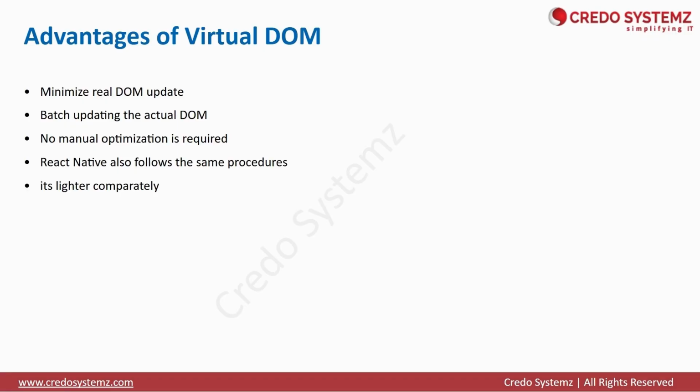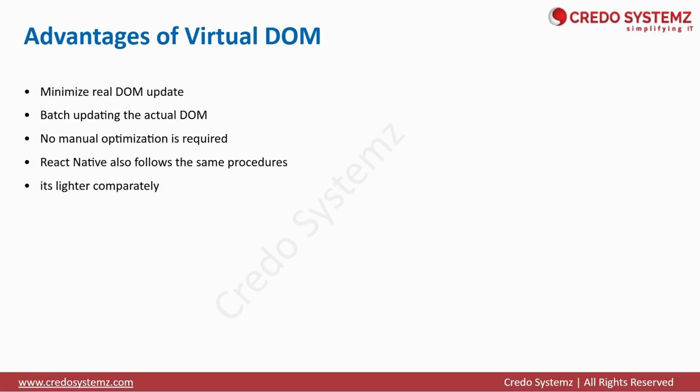Once the changes are applied on the virtual DOM, with the help of the diffing algorithm, React compares the virtual DOM with the actual DOM and does a batch update of changes from the virtual DOM to the actual DOM. Because of this functionality, the number of re-renders is reduced.